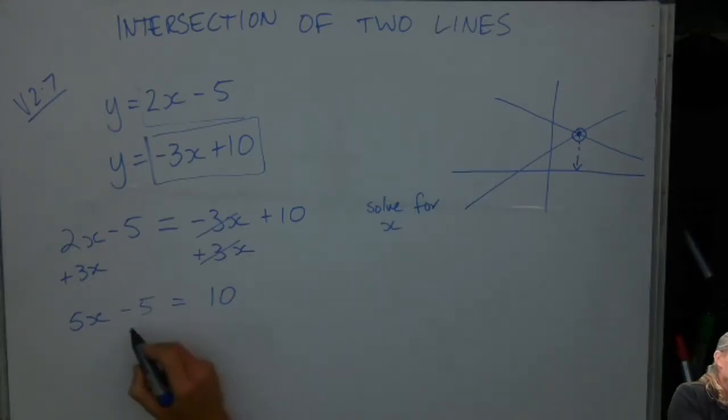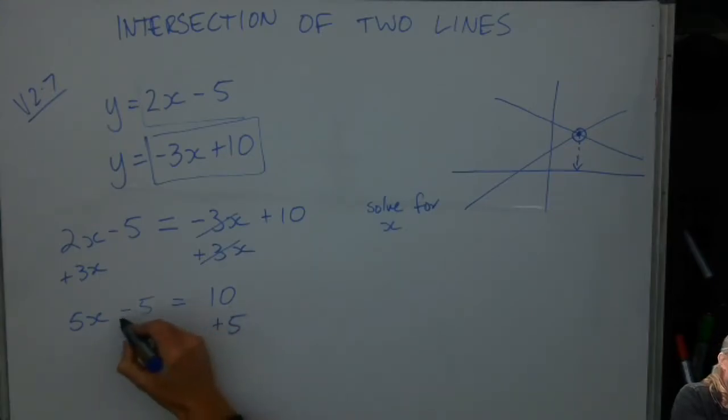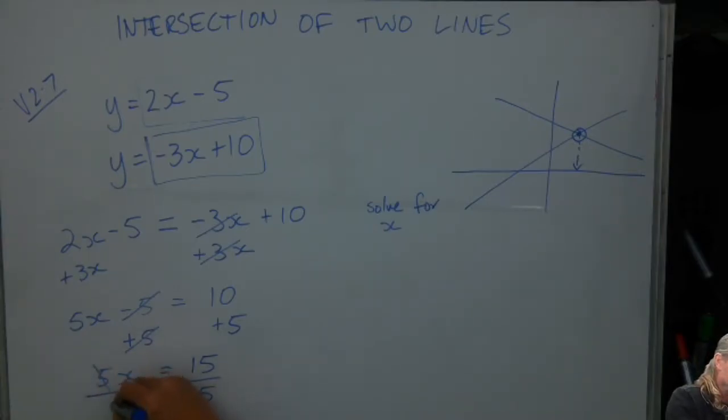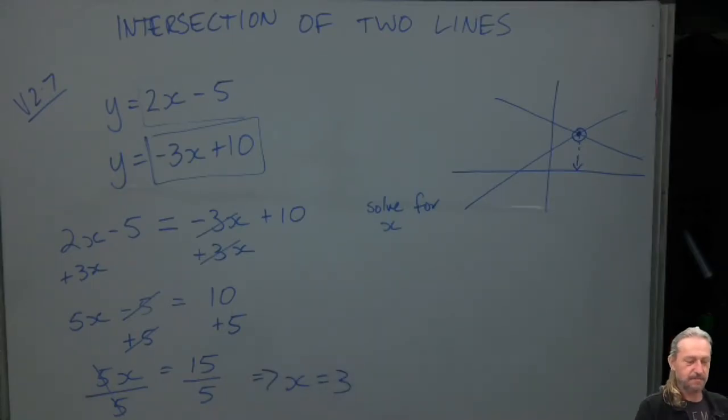And then bring this 5 to that side by adding 5 to both sides. So over here that cancels with that. So we get 5x equals 10 plus 5 is 15. And then we'll divide both sides by 5 because we've got 5x. So that cancels with that, and we end up with x equals 3.